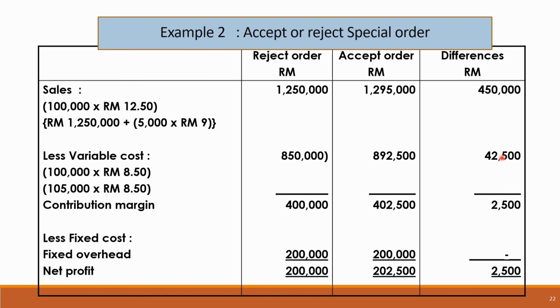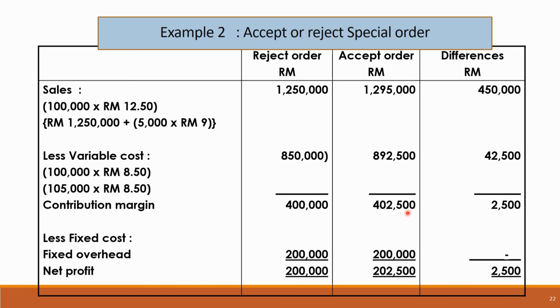Now we deduct this amount in order to calculate contribution margin. For reject order, the contribution margin is 400,000, and for accept order, the contribution margin is 402,500.